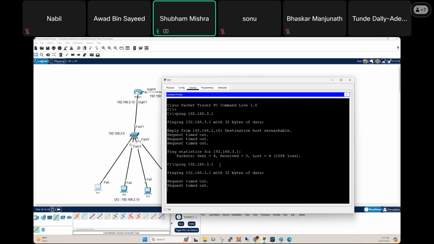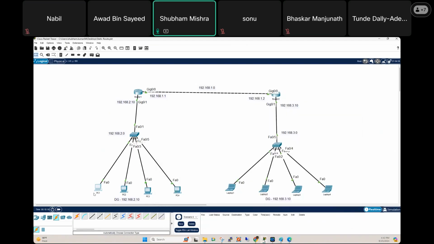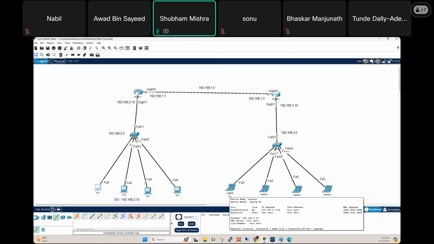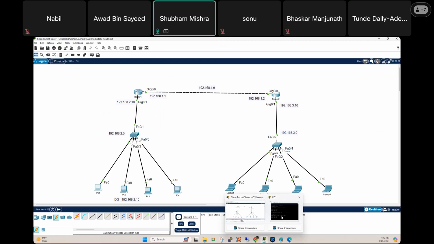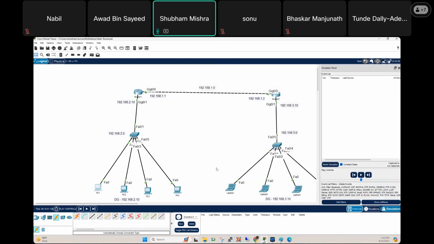Tell me. No response, no ICMP replies. When PC number 1 sends the packet, it reaches laptop number 1 with no problem. But what is the problem? The problem is with the reply, guys. Yes or no?